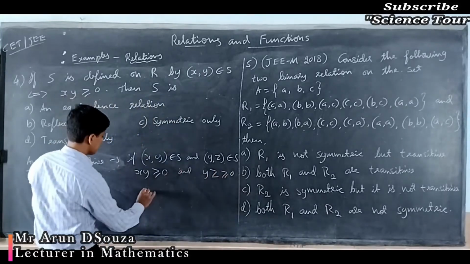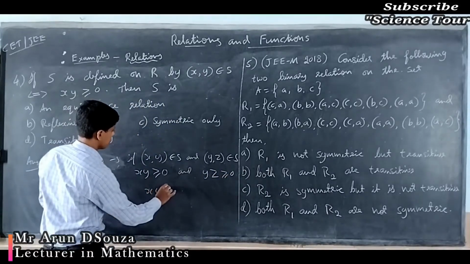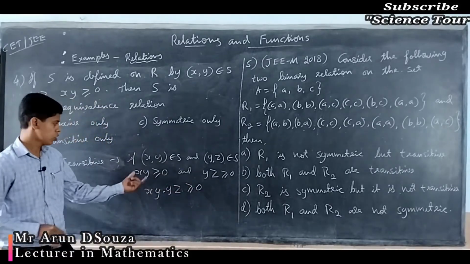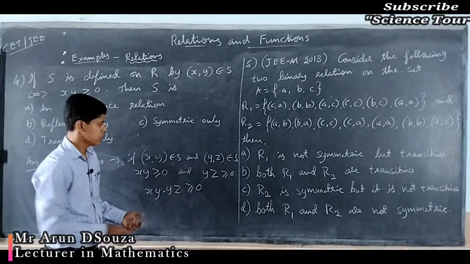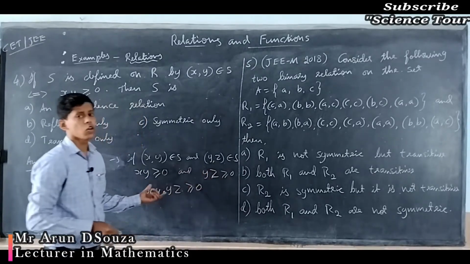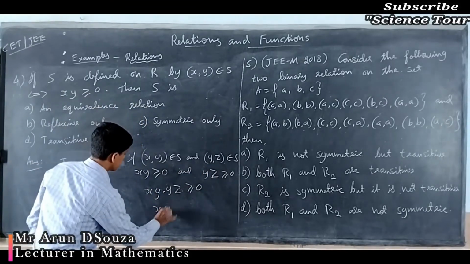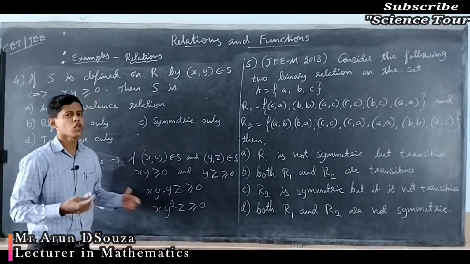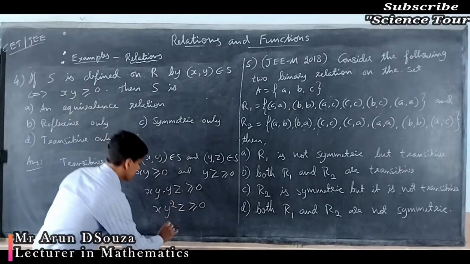Now if you multiply these, xy into yz will be positive, because you are multiplying two positive things, and the resultant also will be positive. That means x into y square into z is positive. y square is already positive, that means xz is also positive.